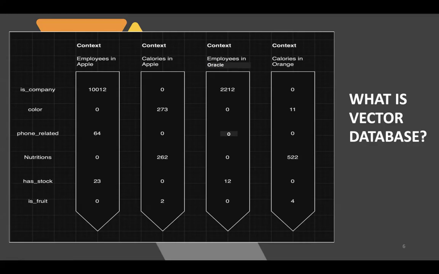Semantic search uses internally the concept of embedding, that is numerical representation of text or data using vectors. Each text or data has been categorized into certain fields.